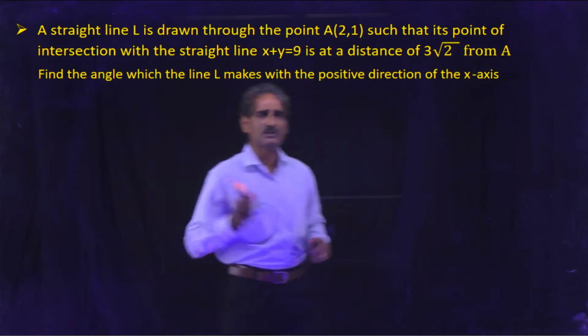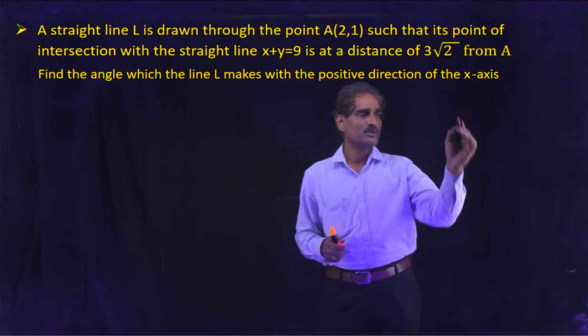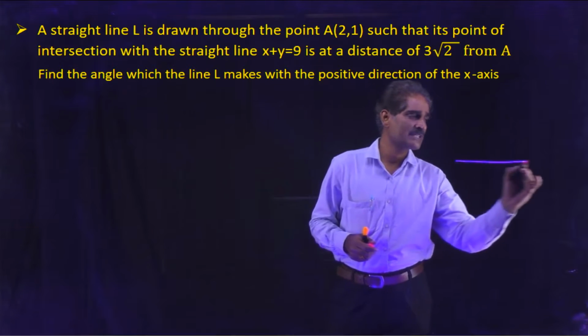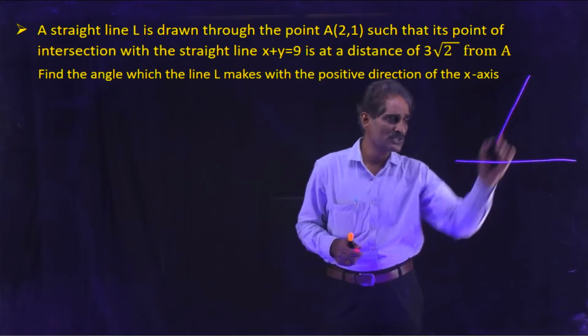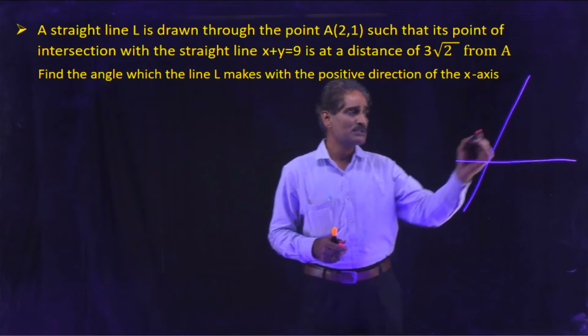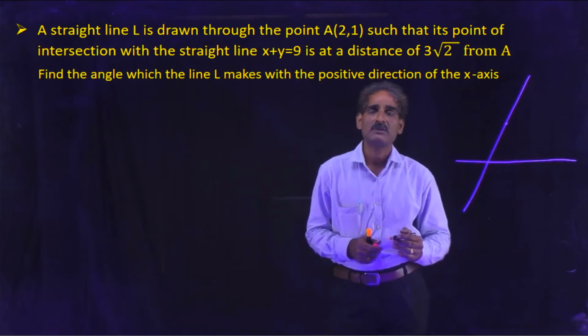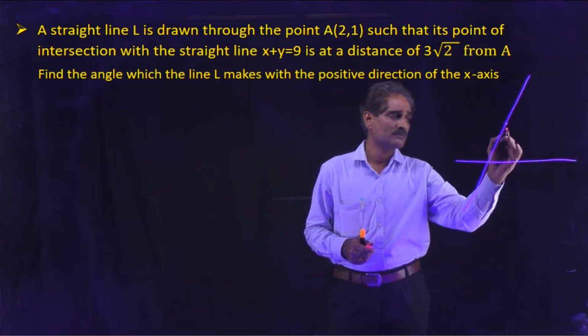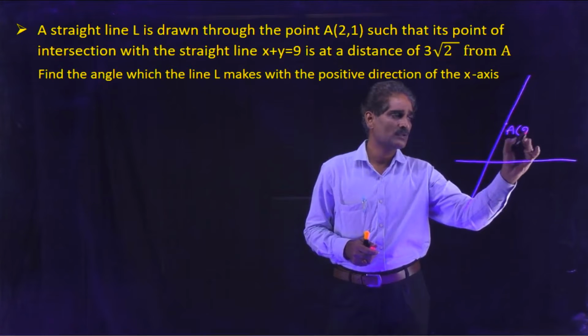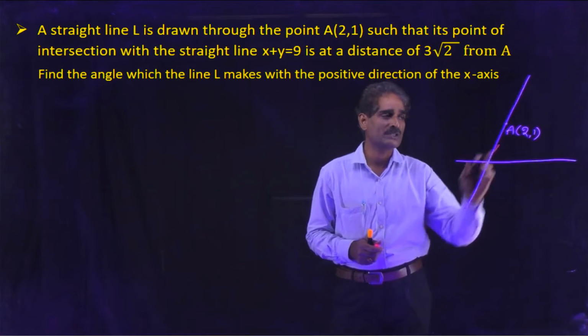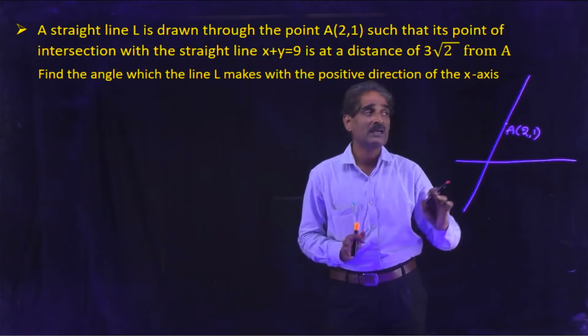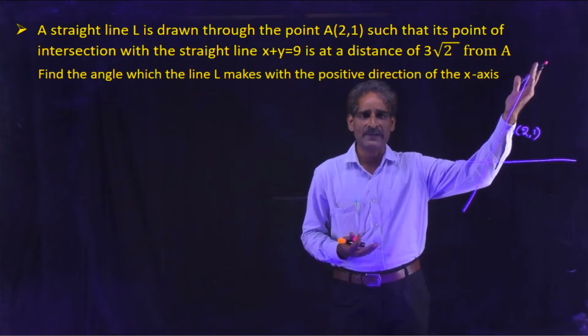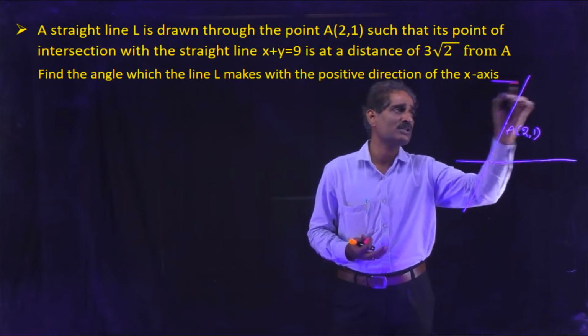First of all, try to draw the figure. Suppose this is the x-axis. This is the position of the line. It is passing through the point A(2, 1). These are the coordinates of this point. A line passing through this point intersects another line. We don't know the exact position of it. Suppose this is the position of the other line.